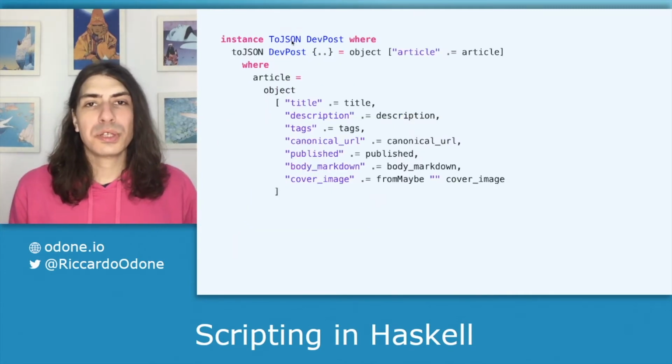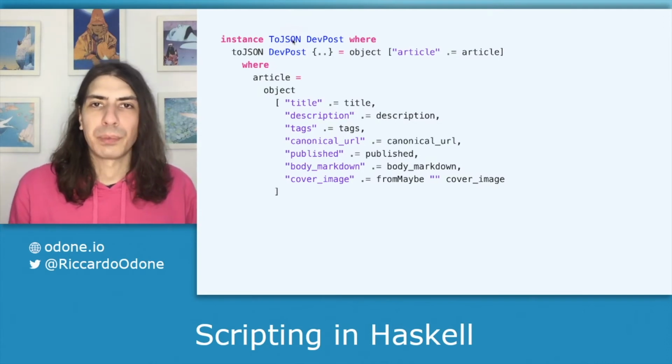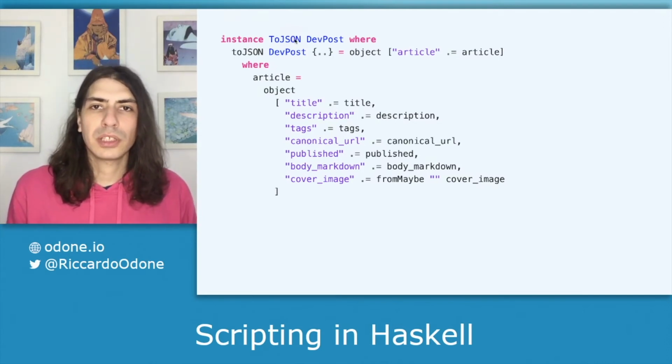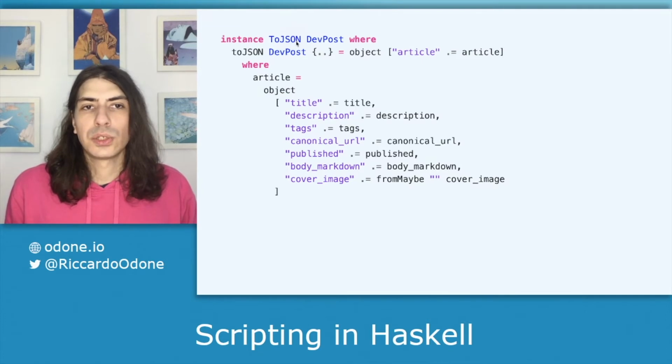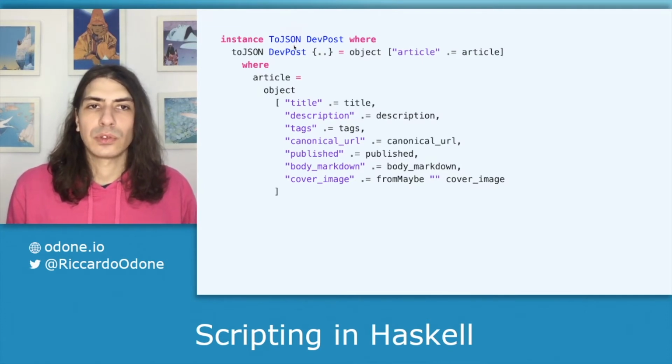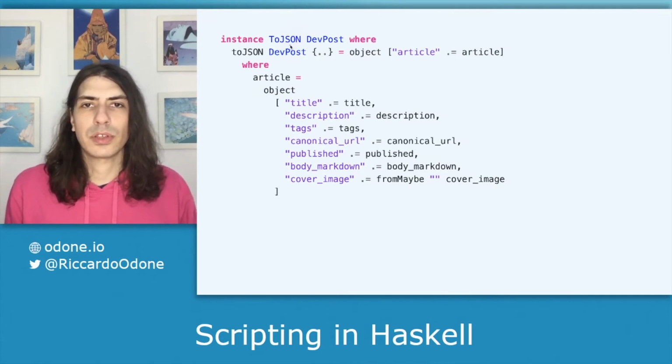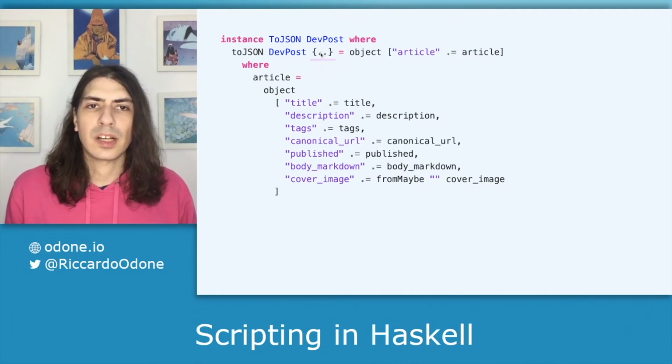Okay, so we need to send a value of type DevPost to the dev.to endpoint. So we need to have an instance of ToJSON for the type so that we can serialize it. Now, we're using record wildcards here so that we are getting access to all of the fields inside of the record.